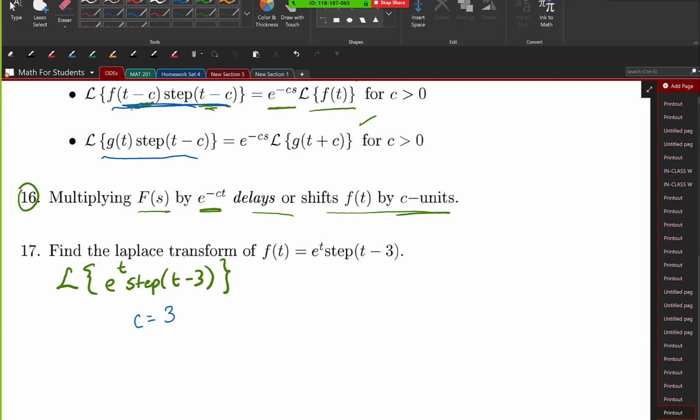Which of these two would be the easiest to apply? Top one? The top one's got a t minus c inside the function, and I don't really have a t minus c in there. I could build one. I could put one there to let me use it. But I think the bottom one's a little bit more aligned with the theorem. So let's go ahead and use the second one.